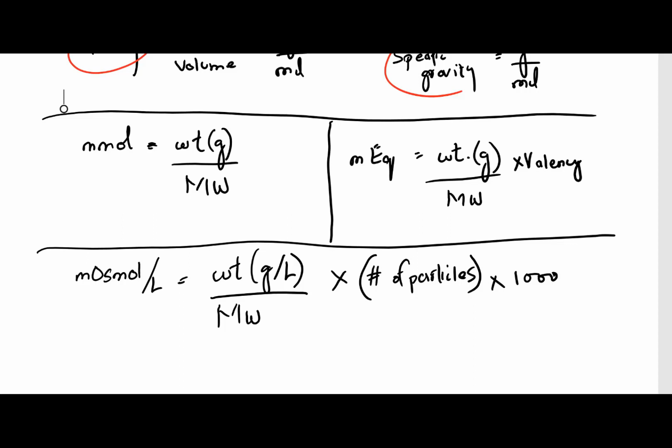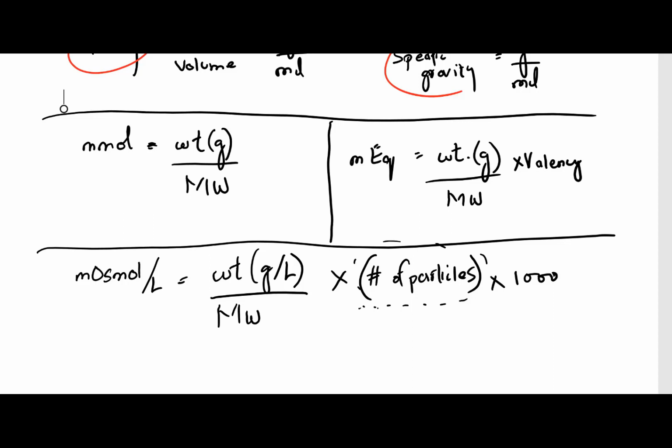Now number of particles here means how many particles the compound dissociates into when you dissolve it in water. For example, sodium chloride, when you add in water, it dissociates into two things, sodium and chloride. So sodium chloride will have two particles. The same way sodium bicarbonate will dissociate into two, sodium and bicarbonate.